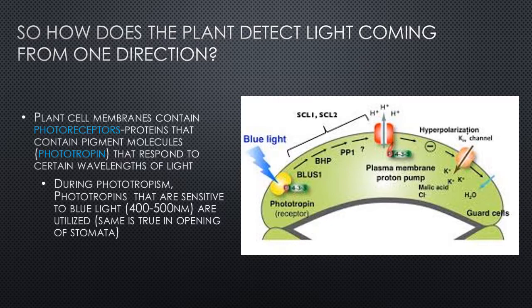So these same phototropin photoreceptors are used in the process for opening the stomata as they are for detecting the light so that we can have a phototropic response. If you're looking at our image over here, right here is our photoreceptor containing phototropin. This is actually where the perception portion of the phototropic response begins.